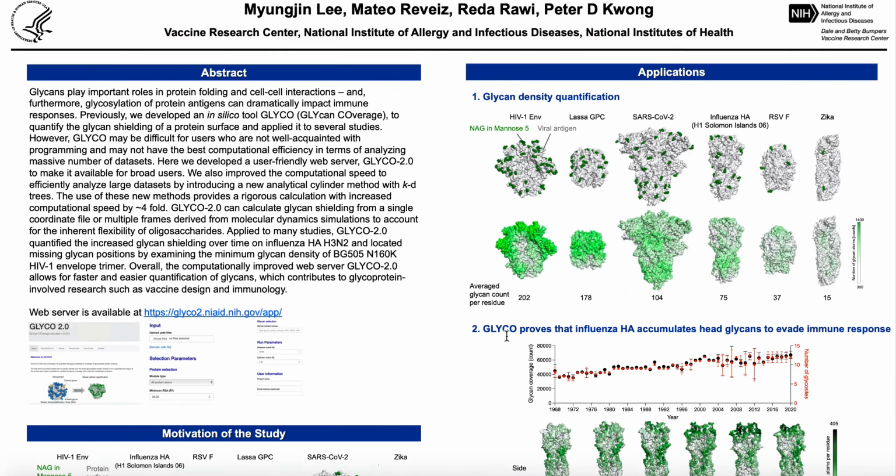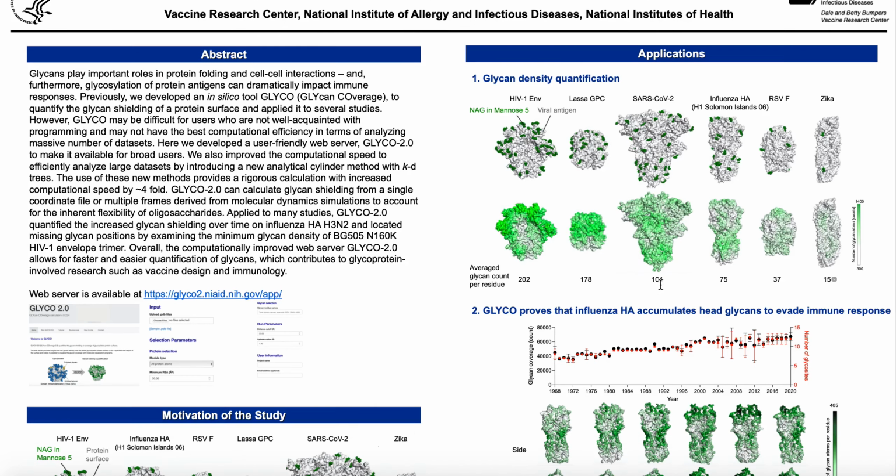And then on the right side, I brought many applications that were published with the GLYCO program. Basically, as I showed you in the motivation of the study, after calculating the glycan density for these glycoproteins, we were able to find the exact value of the glycan density for each structure, and compare which one has the highest glycan density and which one the lowest.